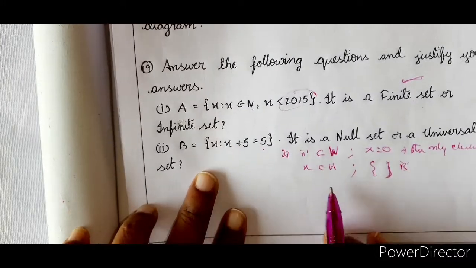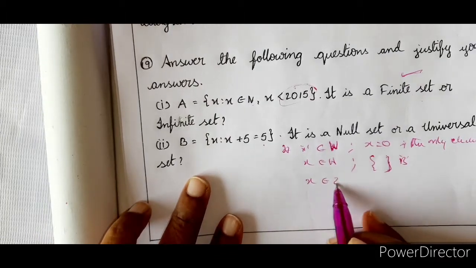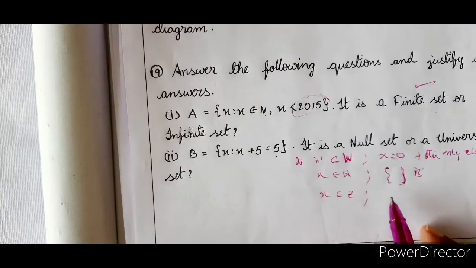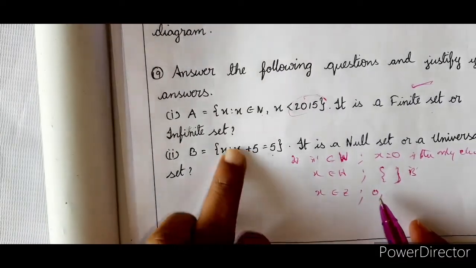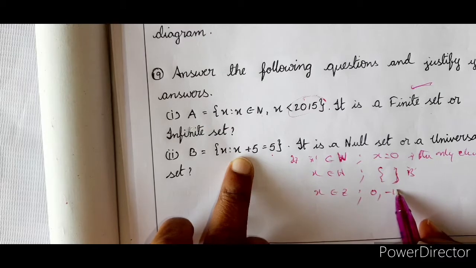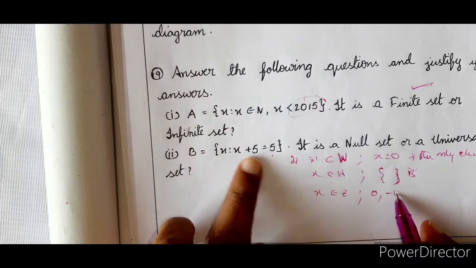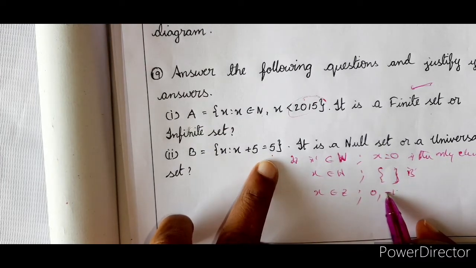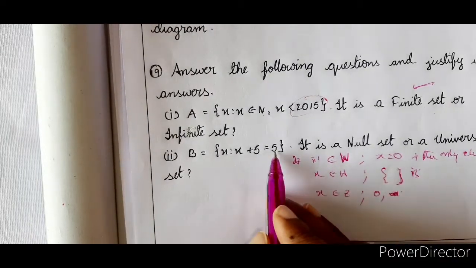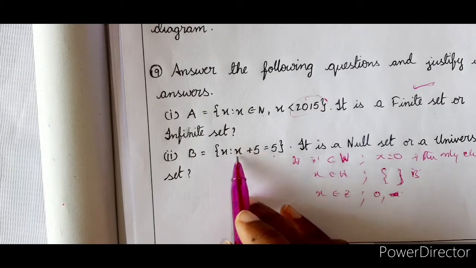Now, if x belongs to integers, you have negative numbers also. So 0 plus 5 is 5. The next one is minus 5 plus 5, 0. So that is 0 only. You are going to get a positive number, which means this one should not be greater than the magnitude of 5.